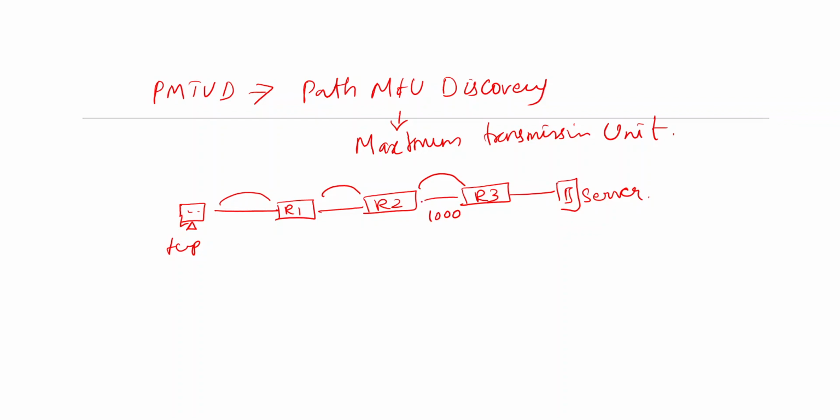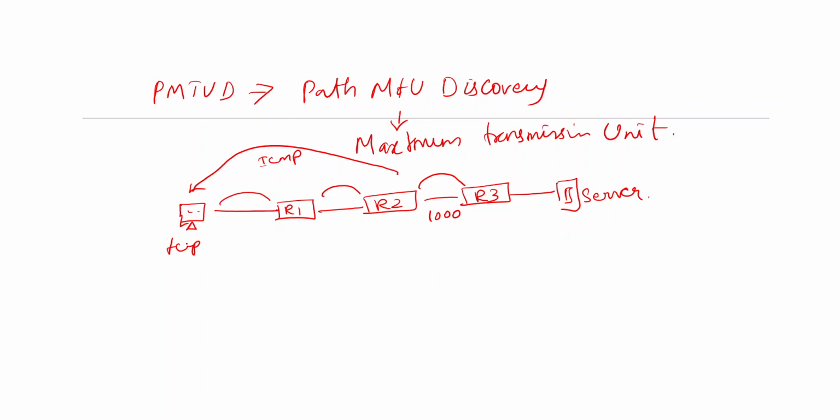Now this router will reply with an ICMP message saying that the MTU has been exceeded, back to the host. Now the host knows the MTU based on the ICMP message.